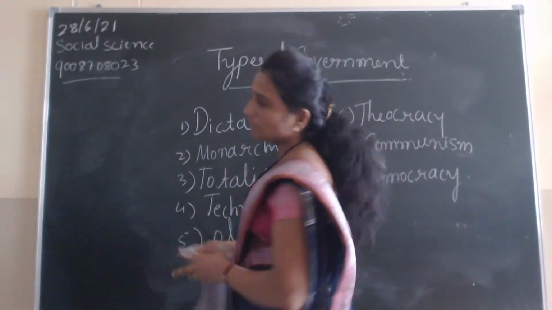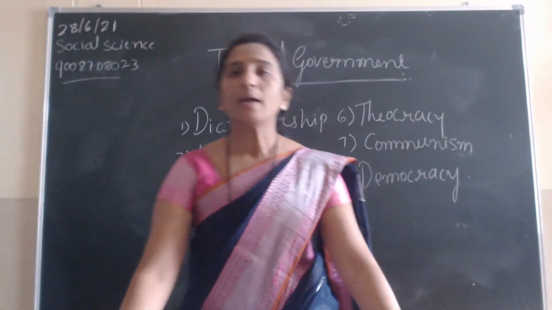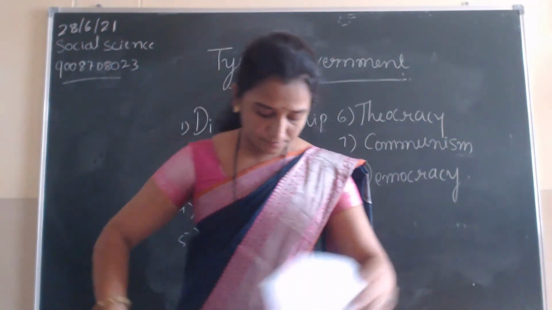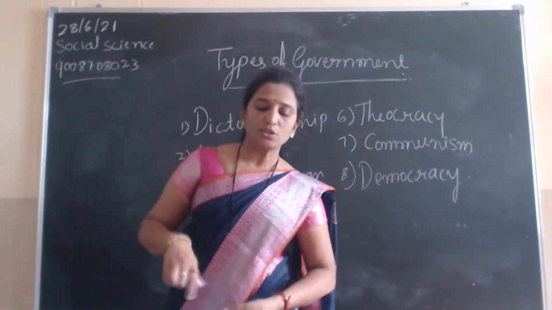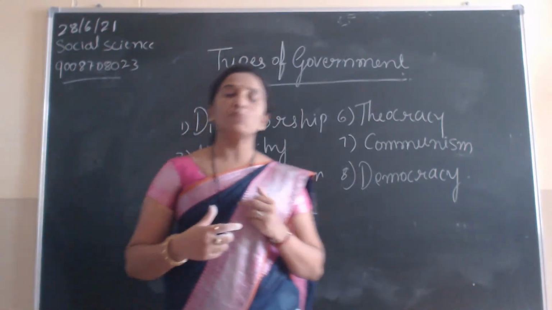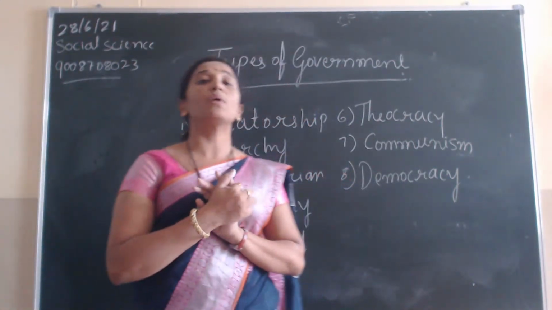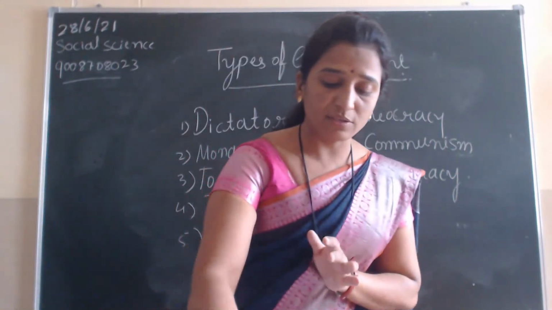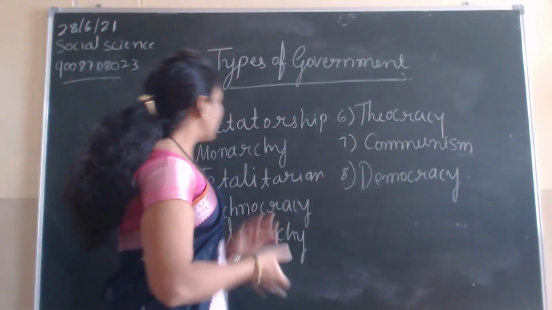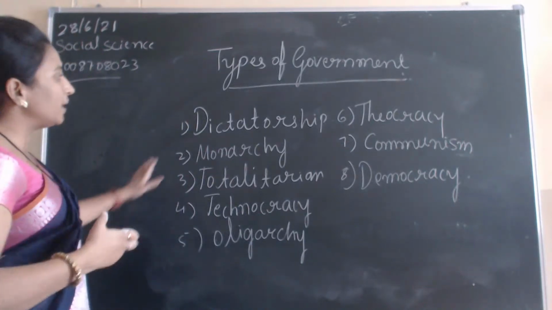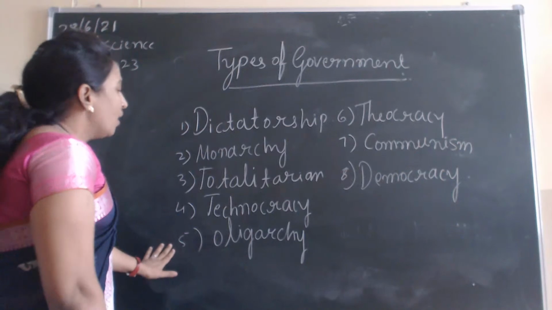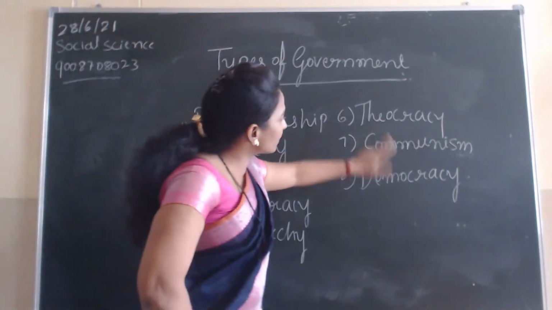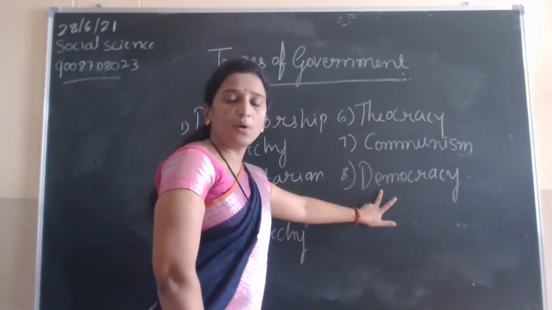Okay, these are the types of government I took to explain to you. What kind of work are they doing? What is the meaning of each? There are the types of government: dictatorship, monarchy, totalitarian, technocracy, oligarchy, theocracy, communism, and democracy.